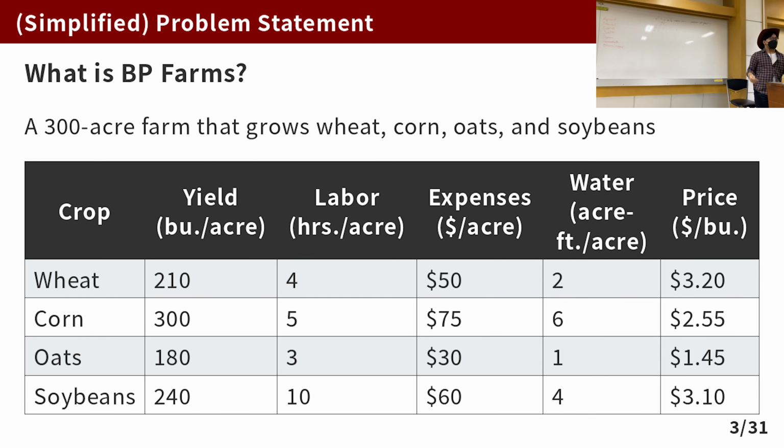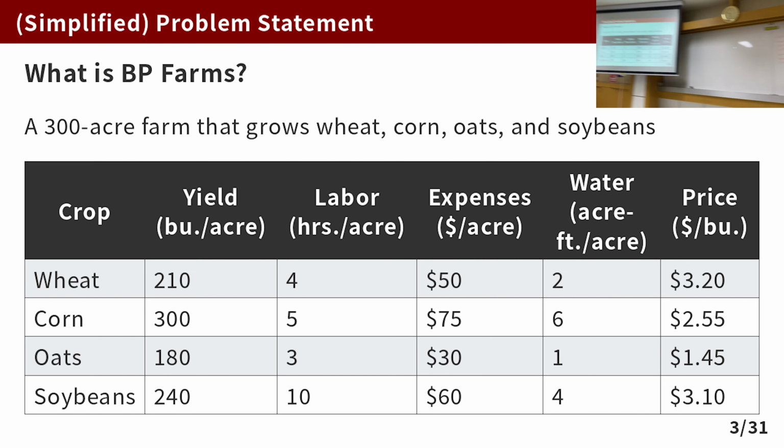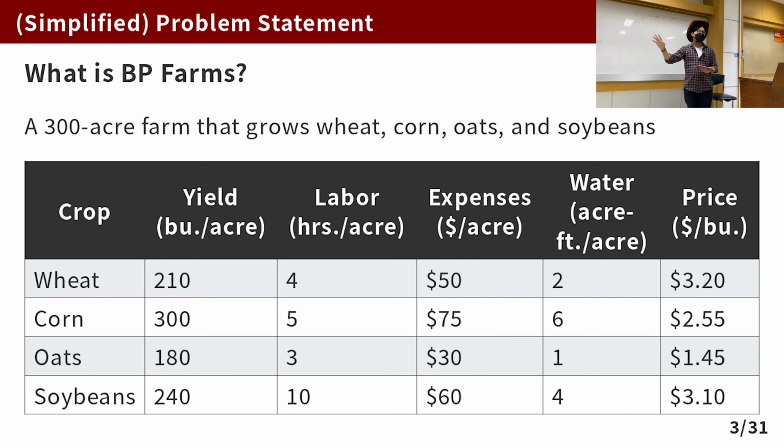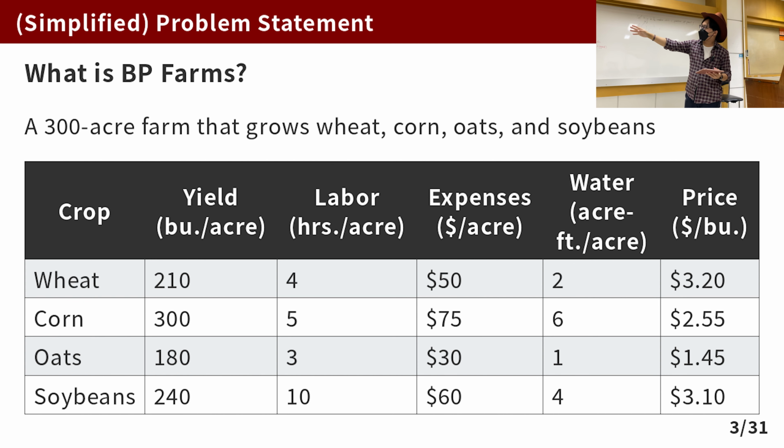Now, let's look at the problem that we're trying to solve. So let's talk about BP Farms a little bit. BP Farm is a 300-acre farm that grows either wheat, corn, oats, and soybeans. And then the table below is the information related to each of the crops.